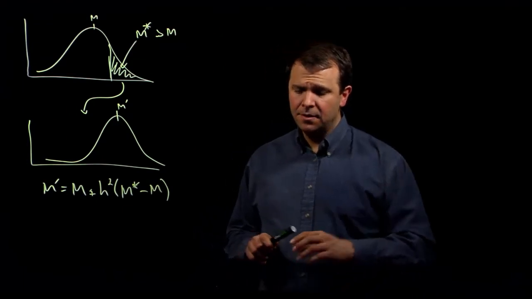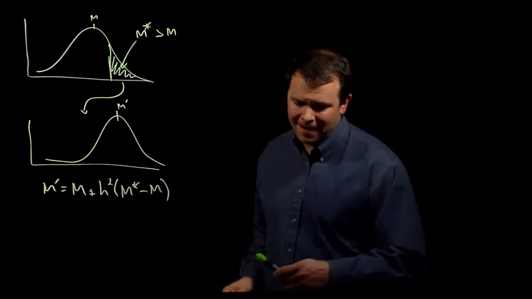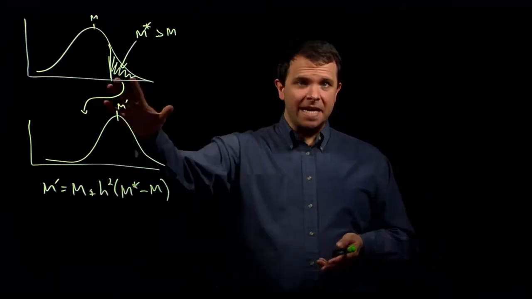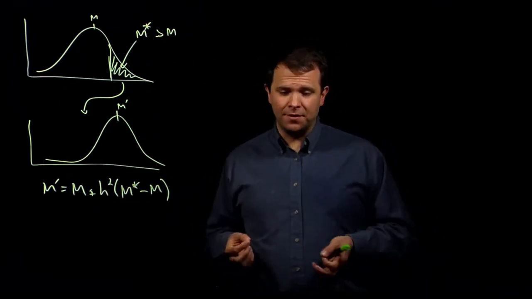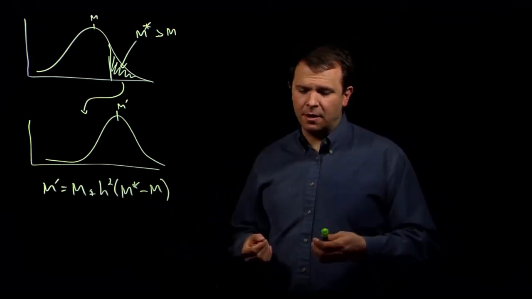And again, one way that this is useful is that it has predictive value. It can tell us how much improvement we expect to see for a given breeding program. The other way it's useful, though, is that it gives us another way to estimate this narrow sense heritability.